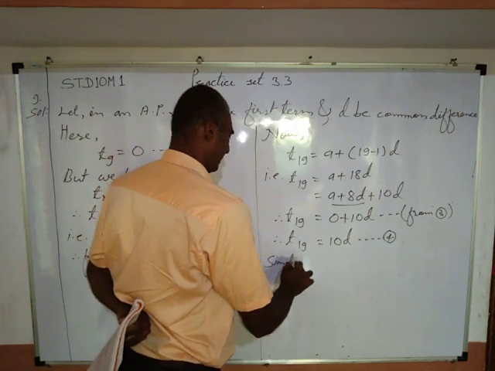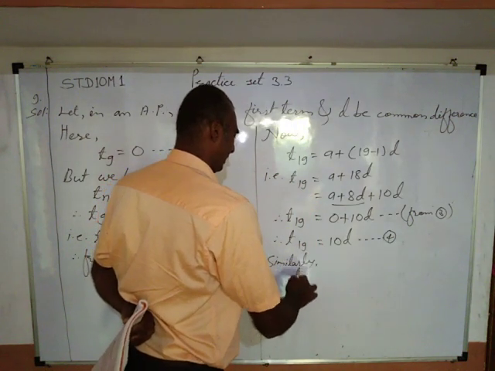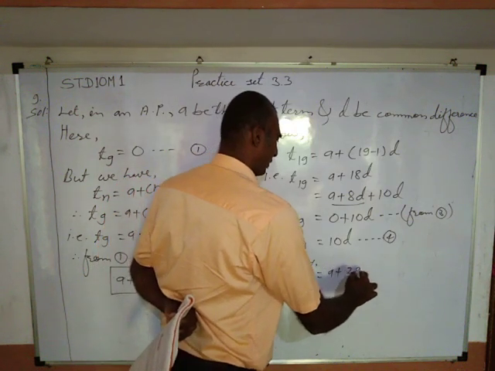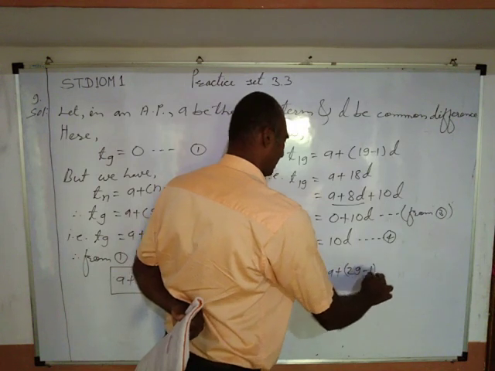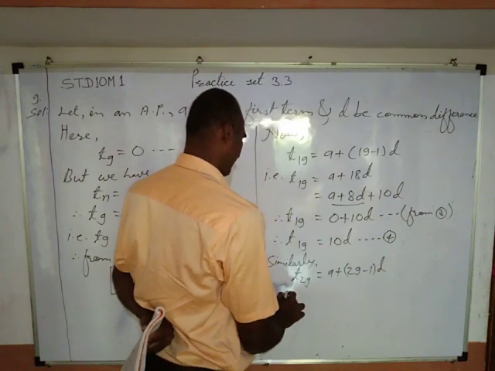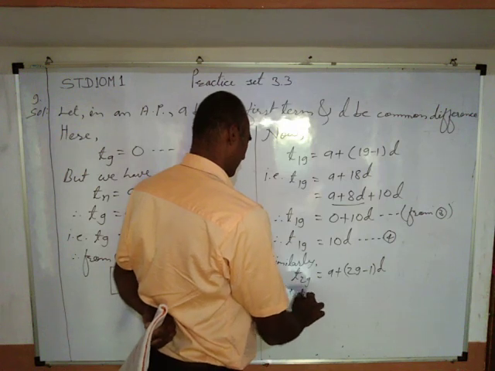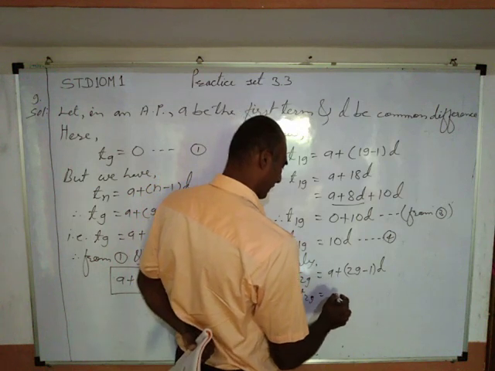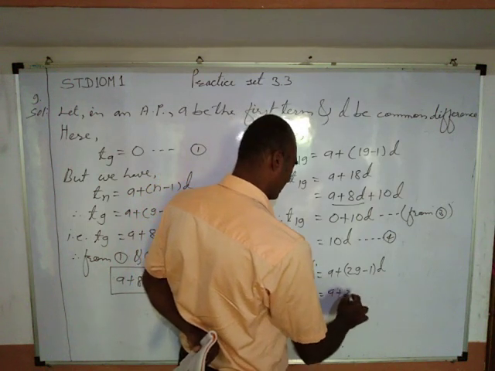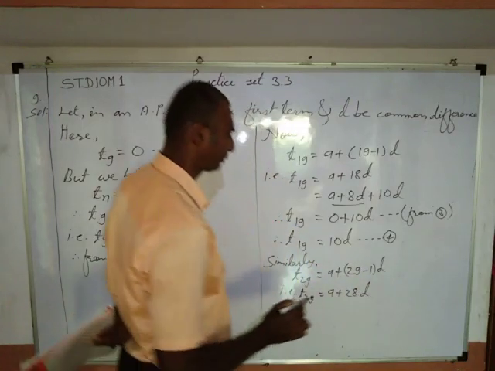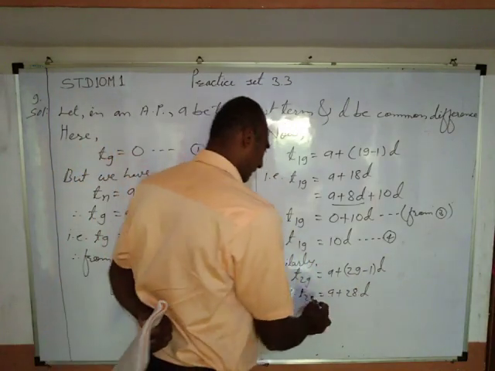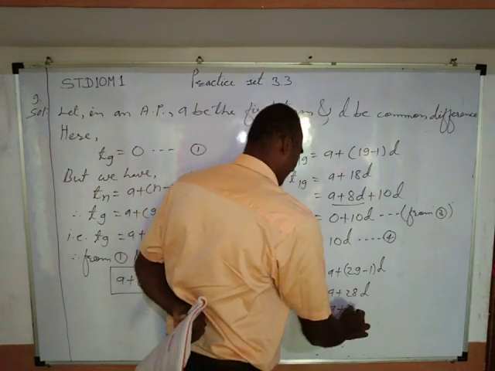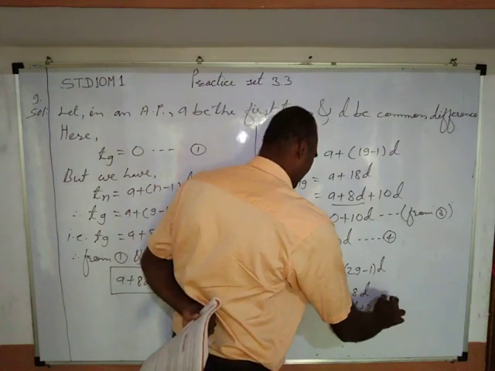Similarly, T29 equals a plus 29 minus 1 into d. That is T29 equals a plus 28d. Once again, that a plus 28d we can write as a plus 8d plus 20d.